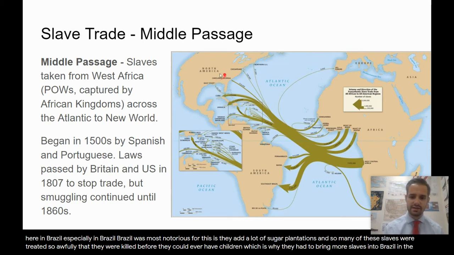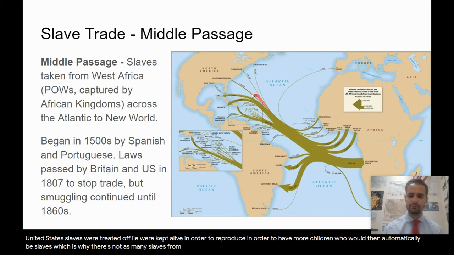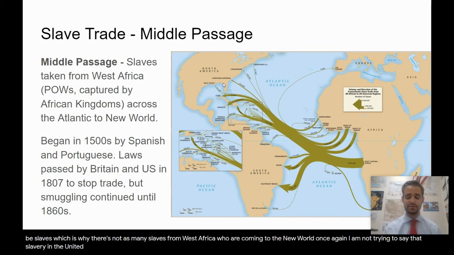In the United States, slaves were treated awfully, but for the most part, were kept alive in order to reproduce, in order to have more children who would then automatically be slaves, which is why there are not as many slaves from West Africa coming to the New World. Once again, I am not trying to say that slavery in the United States was a good thing.